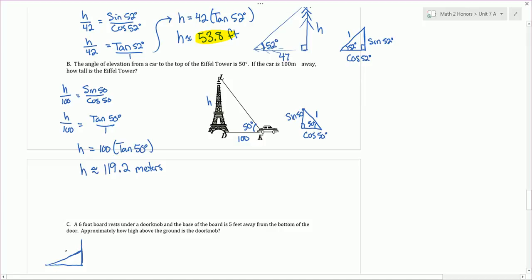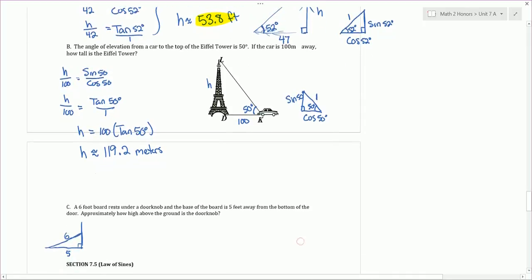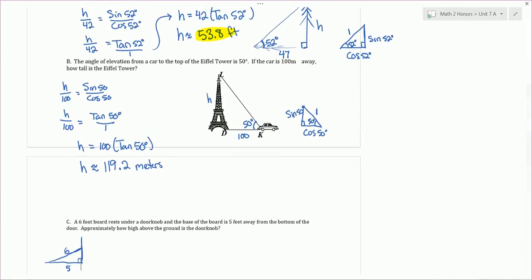The board is 6 feet, and the board is 5 feet away. So 6-foot board rests under the doorknob, and the base of the board is 5 feet away from the bottom of the door. Approximately how high above the ground is the doorknob?